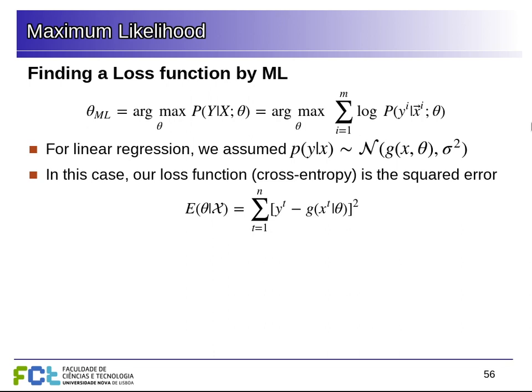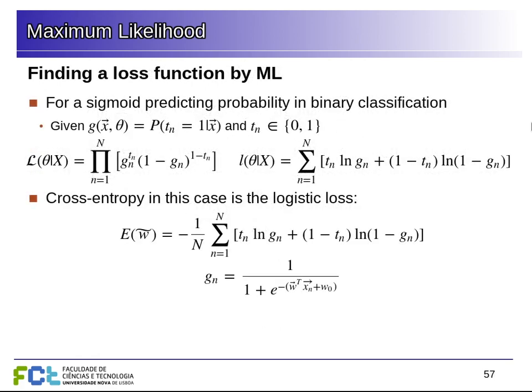So for this particular case, under these assumptions of this family of probability distributions, this is how we adjust the parameters. But if we have a different problem and a different activation and a different interpretation of what the network is telling us, exactly the same approach of minimizing the cross-entropy between the probability distribution the model is telling us and the data, the one that we got from the universe, will give us a different result.